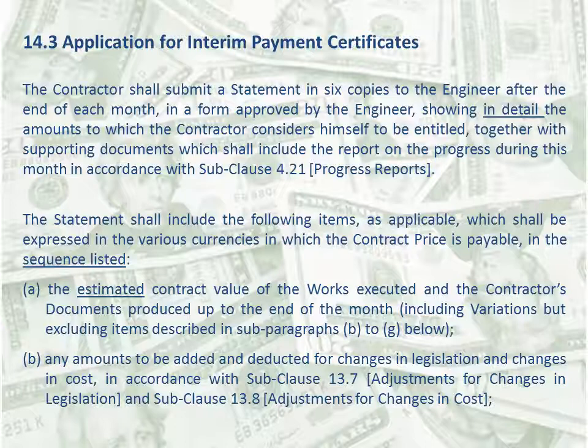B. Any amounts to be added and deducted for changes in legislation and changes in cost in accordance with subclause 13.7, which is adjustments for changes in legislation, and subclause 13.8, which is adjustments for changes in cost.